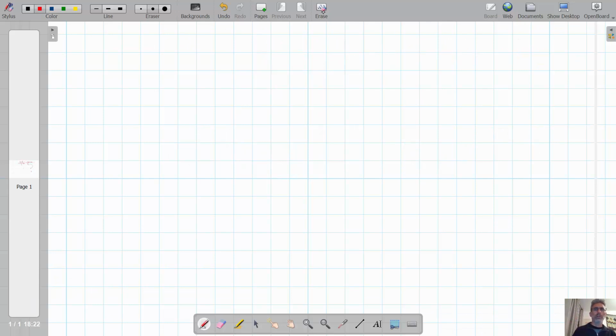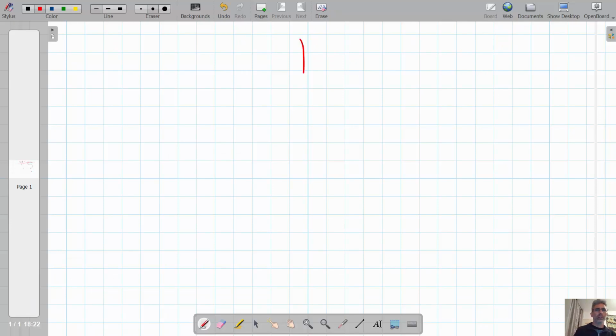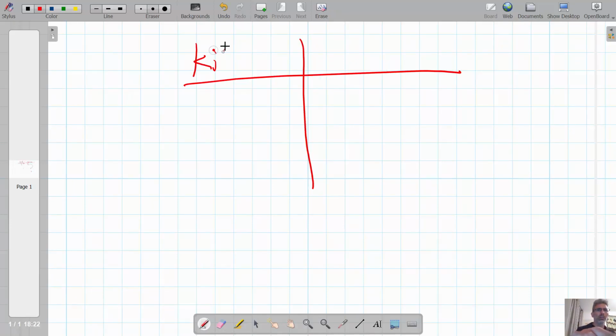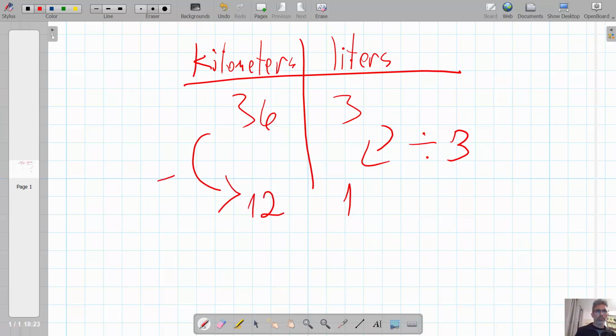Patricia can drive 36 kilometers for every 3 liters of gas. Okay, 36 to 3. Divided by 3, so it's 12 to 1.